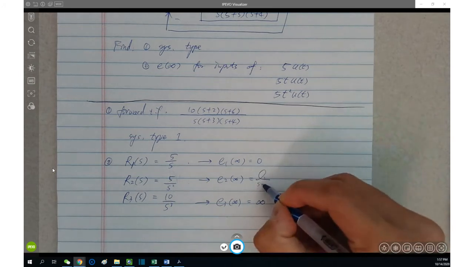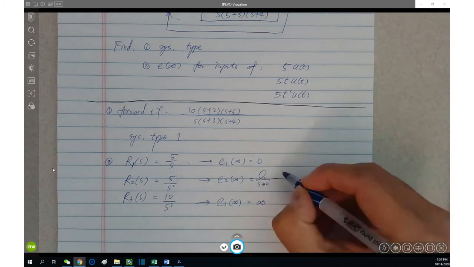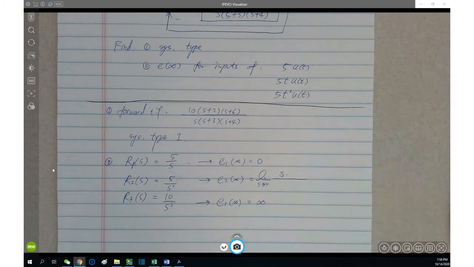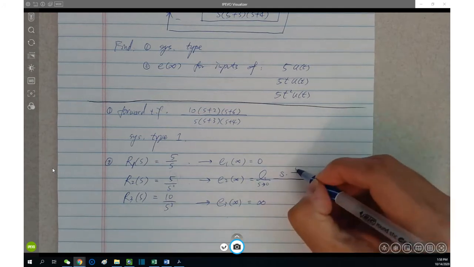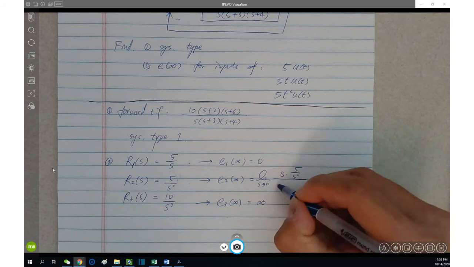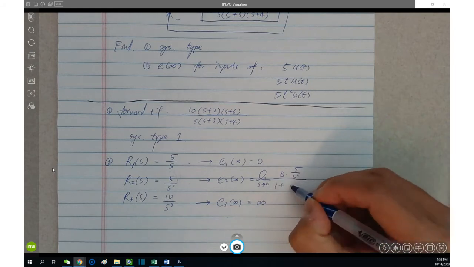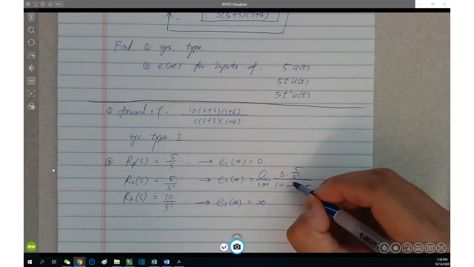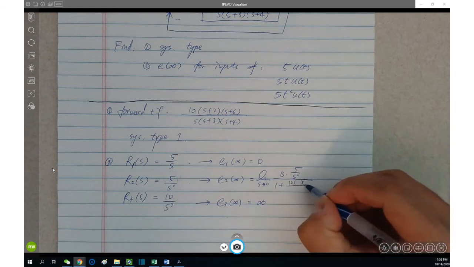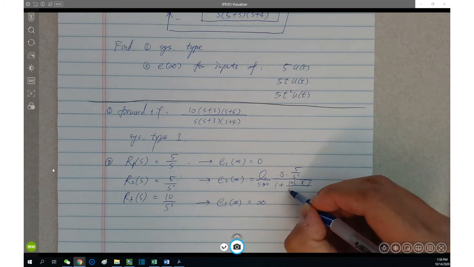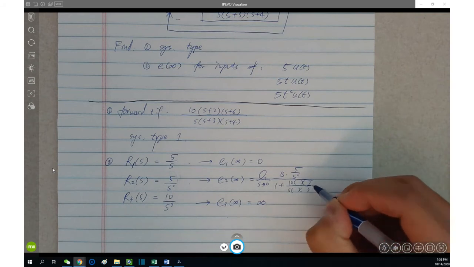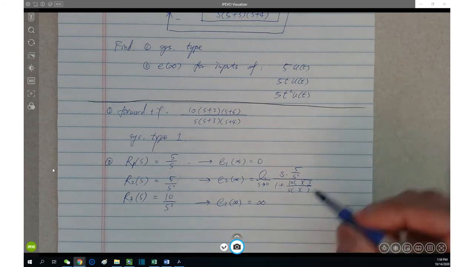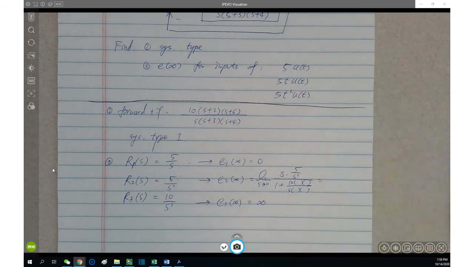Next, s times 5 over s squared, and then 1 plus G, where G is 10 times the parentheses over s times the parentheses. What is this result?